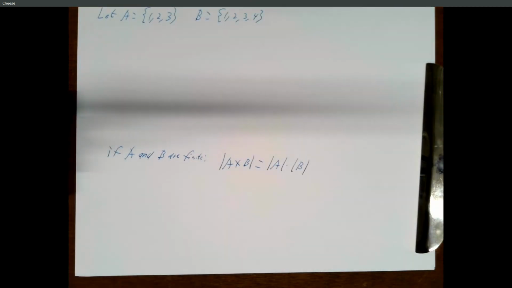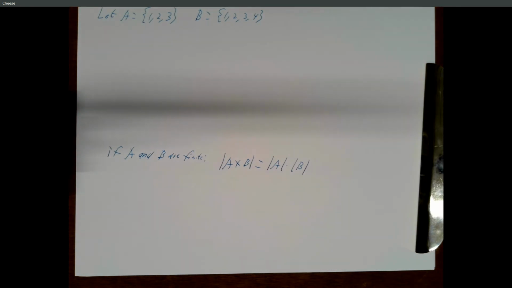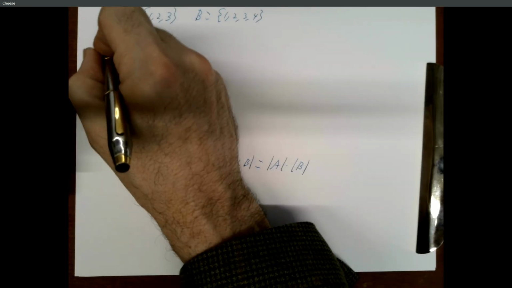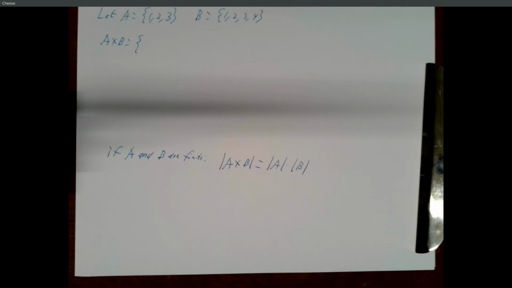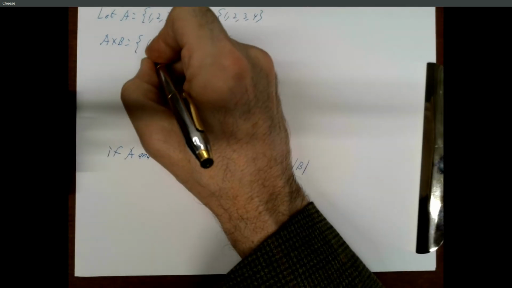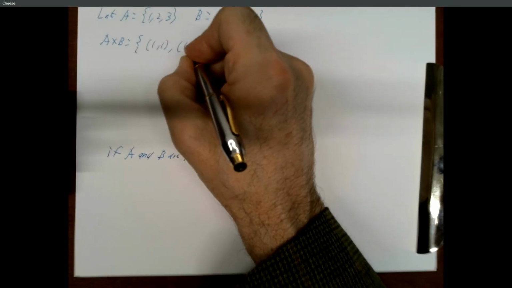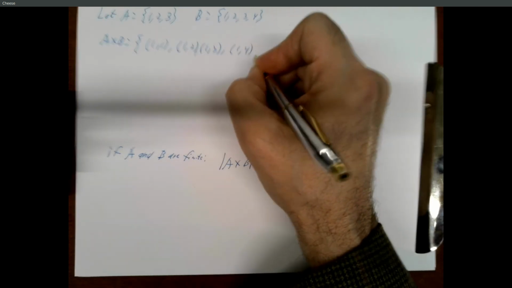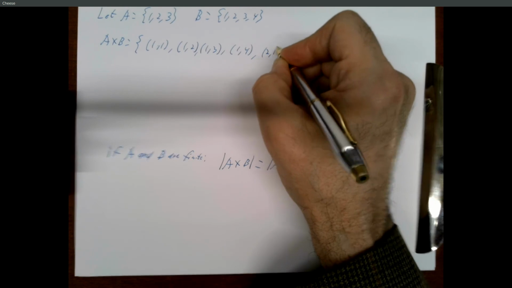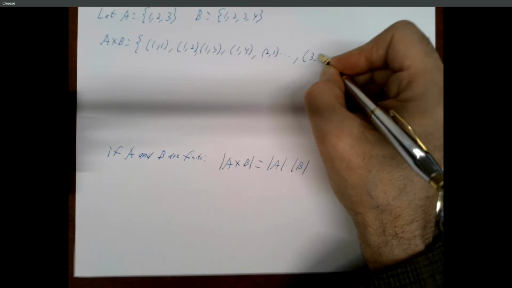So suppose A is the set {1, 2, 3}, and B is the set {1, 2, 3, 4}. Well, I got 3 things and 4 things. I know that the Cartesian product of A and B is going to be something containing 12 pairs. And they're going to be (1, 1), (1, 2), (1, 3), (1, 4), (2, 1), all the way up to (3, 4).